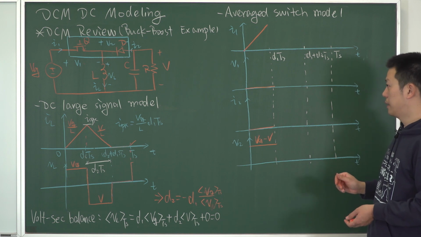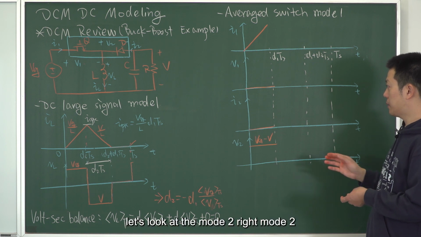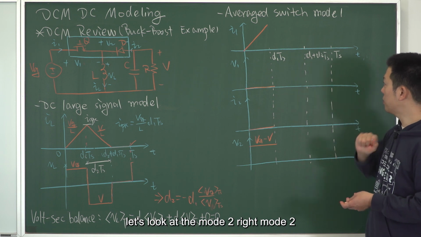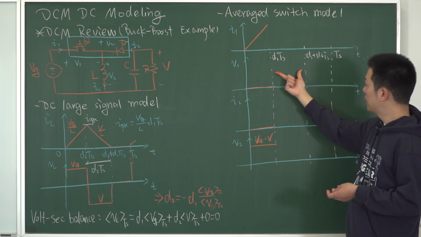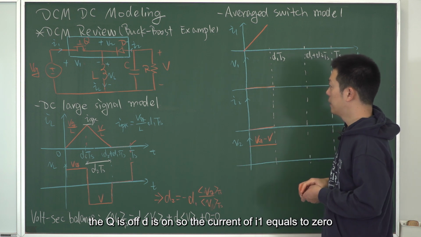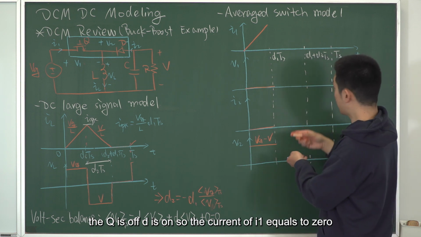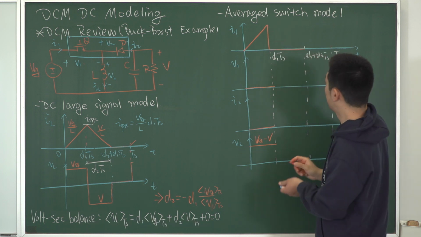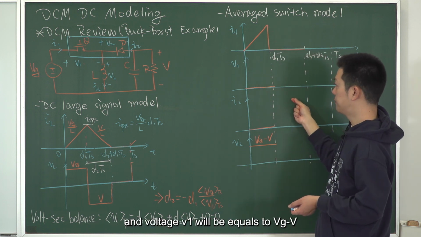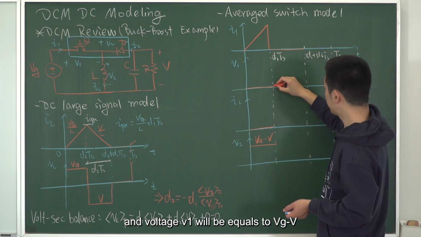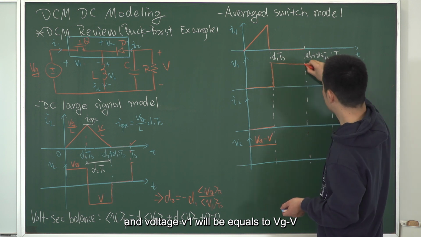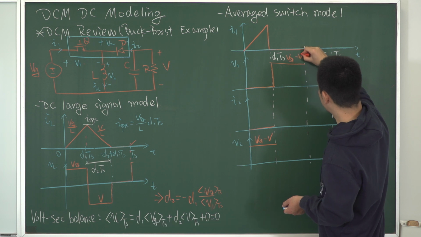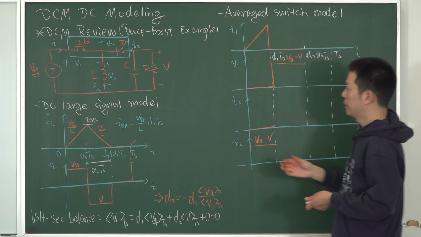So next, let's look at mode 2, right? In mode 2, Q is off and D is on, so the current I1 equals 0. And the voltage V1 will be equal to Vg minus V. Right?